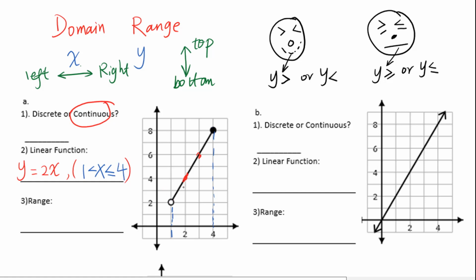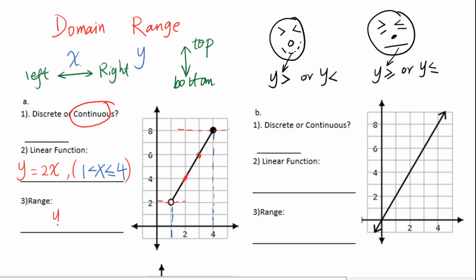Remember, open circle means no equal sign. Closed circle means you have an equal sign. For the range, check the very bottom point, it is 2. Very top point is 8.